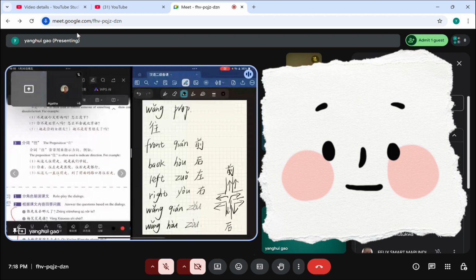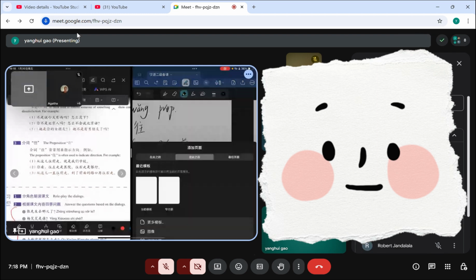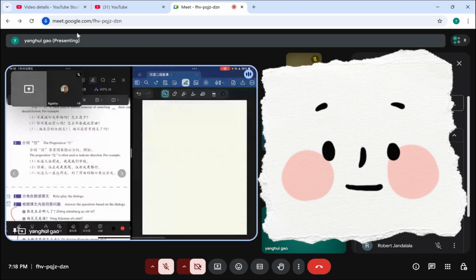And we have a commonly used phrase like from some place. From, 从.